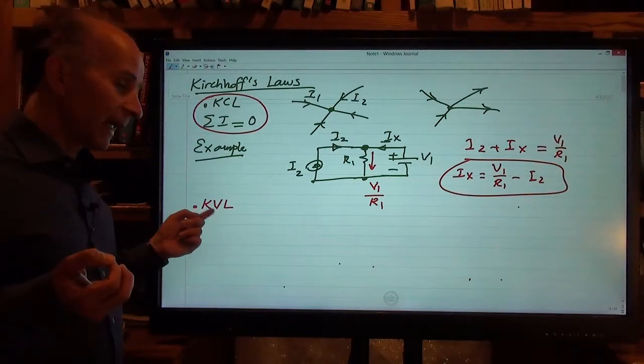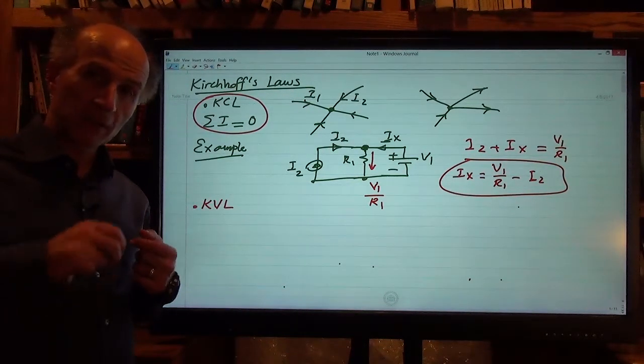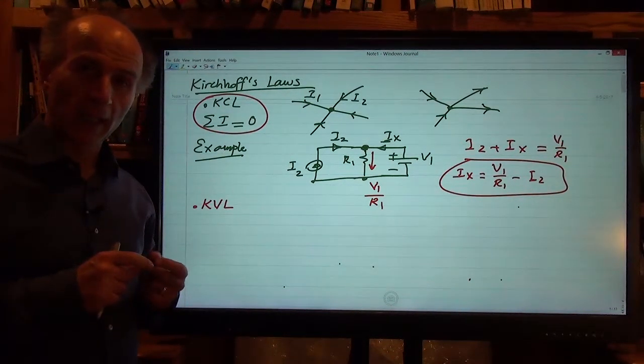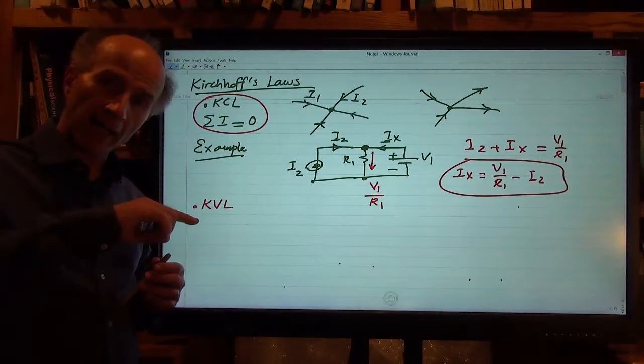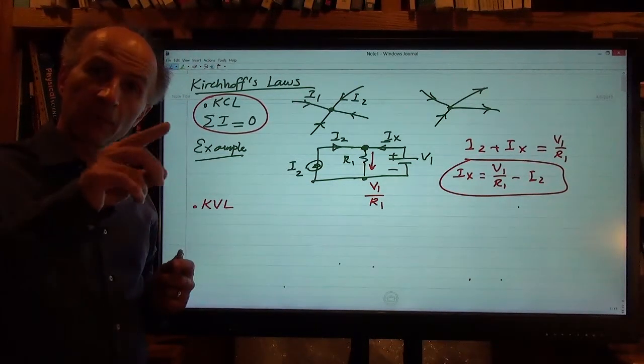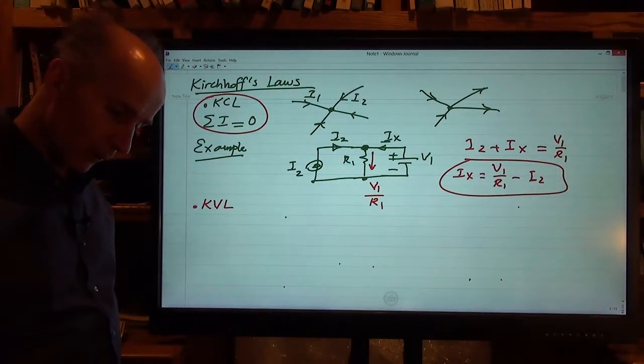Now, KVL does not relate to a node, it relates to a loop. A loop means a path through the circuit that might traverse a number of devices before it returns to its origin. So we're talking about the loop.